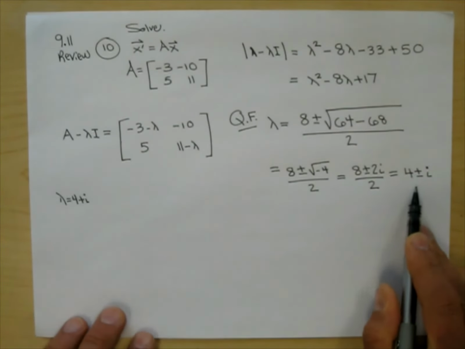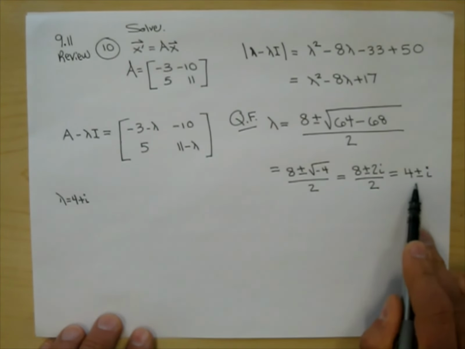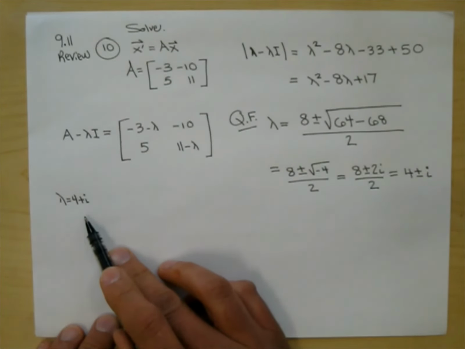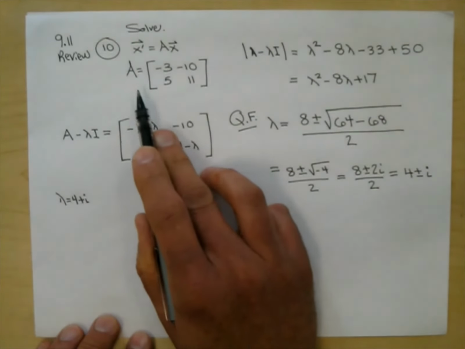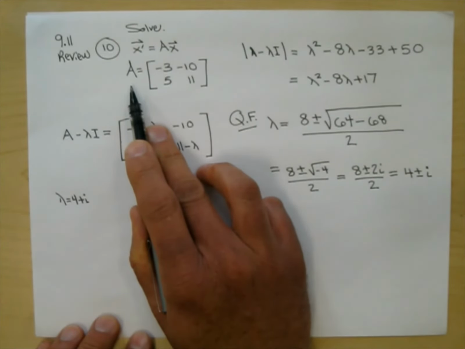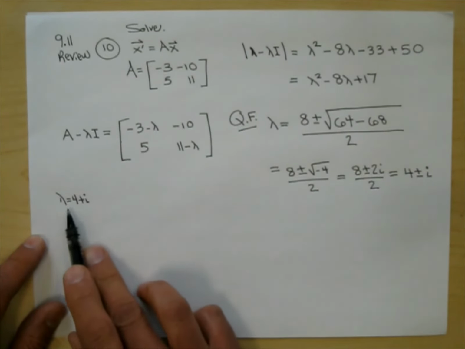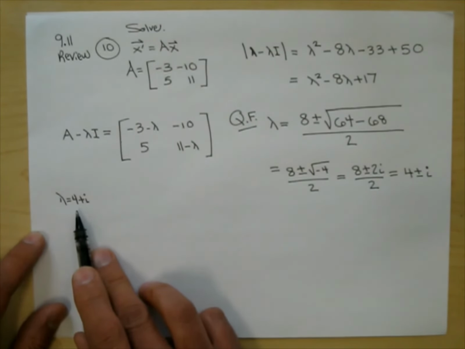Each of these eigenvalues has algebraic multiplicity 1, and when they all have algebraic multiplicity 1, the geometric multiplicity cannot be more than that, and so this is going to be a non-defective matrix here. So we're not going to have problems with that, but we might have problems with the imaginary numbers.